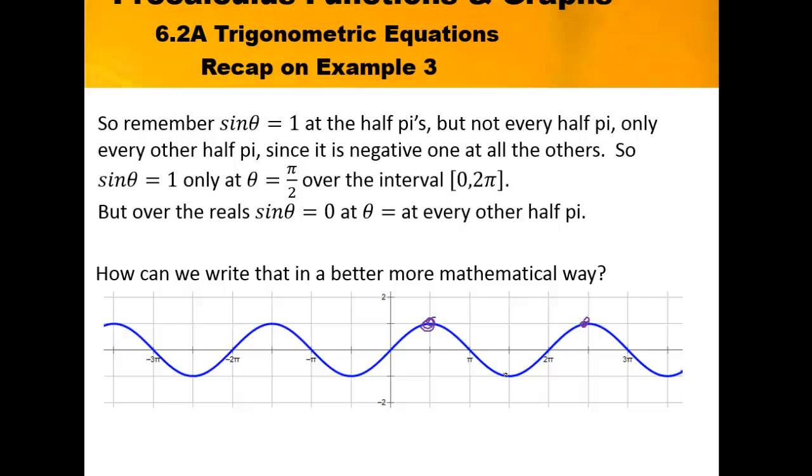Okay, so we're going to look at the first positive one. It really doesn't matter where you start, but typically you start at the first positive time that it equals 1. So that would be at this point here. And this point here is pi over 2. So I'm going to say pi over 2 plus, now, how long until it repeats itself?